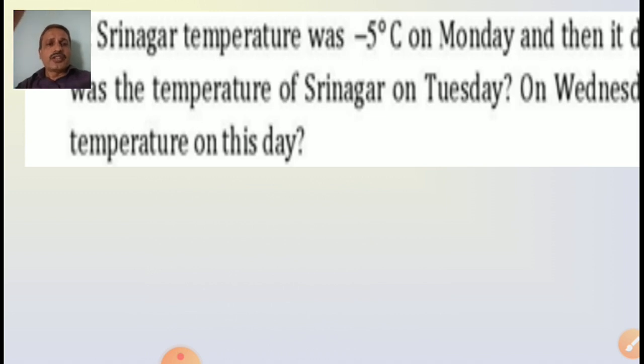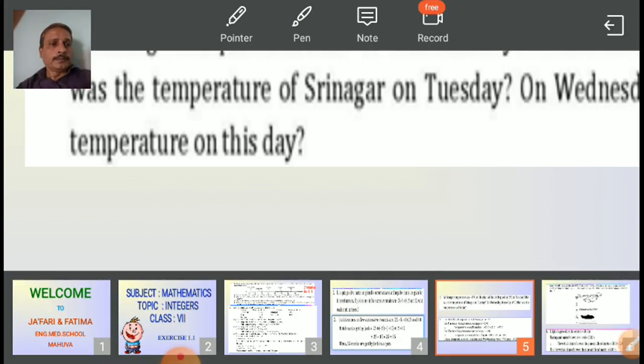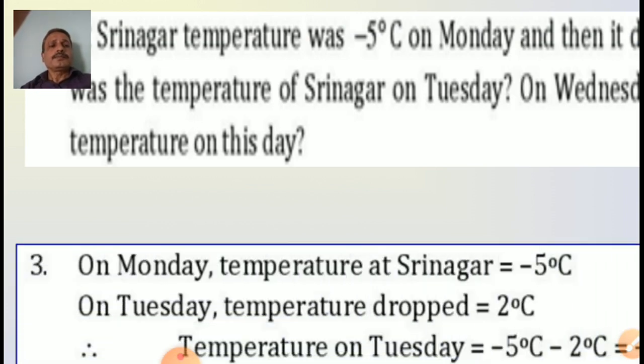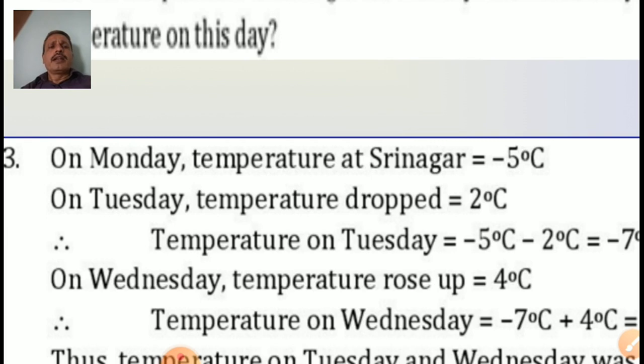Okay, let's check the answer. On Monday, temperature at Srinagar is -5 degrees centigrade. Okay, yes, very good. Now, on Tuesday, temperature is dropped down by how much degree?